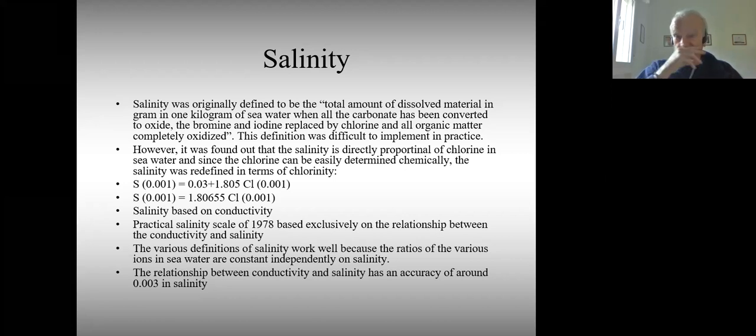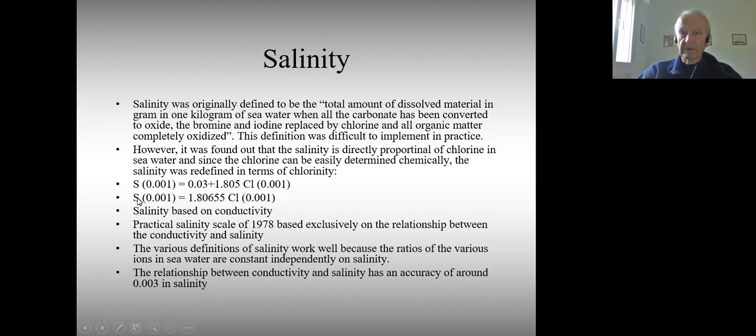This definition was indeed difficult to implement in practice, but it was found that the salinity is directly proportional to chlorine in seawater. And since the chlorine can be easily determined chemically, the salinity was redefined in terms of the chlorinity. So you can see here, for the salinity you have simply to add a constant and multiply by another constant, and you obtain the salinity.